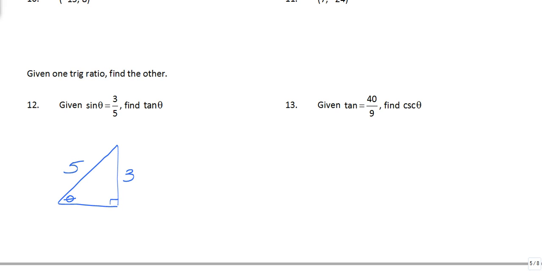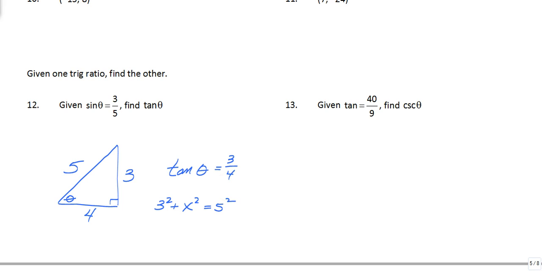But then when you're looking for the tangent of theta, you need opposite over adjacent, and we don't have the adjacent side. But good thing we have a friend named Pythagoras who created the Pythagorean theorem for us. And you can just set up the Pythagorean theorem and you'll find 4. So opposite over adjacent for tangent would give us 3/4.